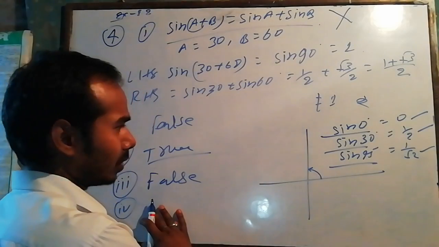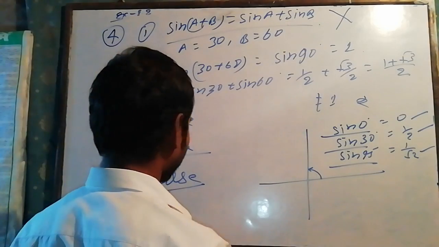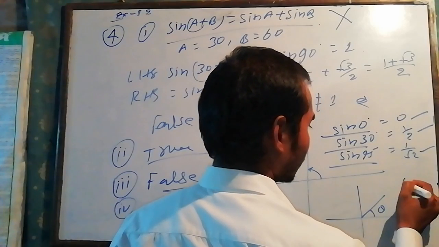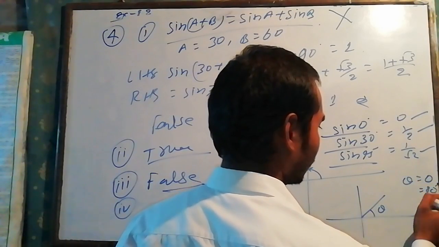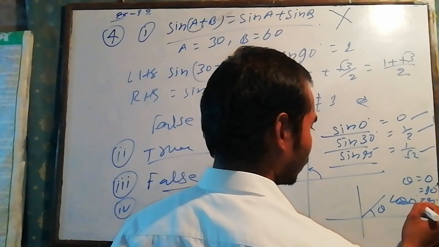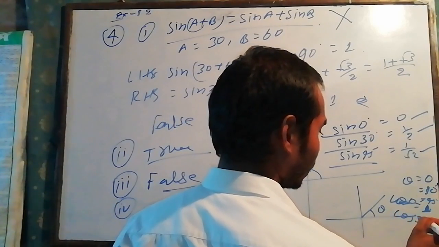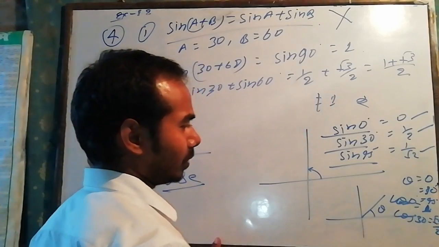Here we will see why. Question number third. Suppose this is the first quadrant, and theta is here. Suppose theta is 0, 30 degree, 45 degree. So cos 0 equals 1 and cos 30 equals root 3 by 2.